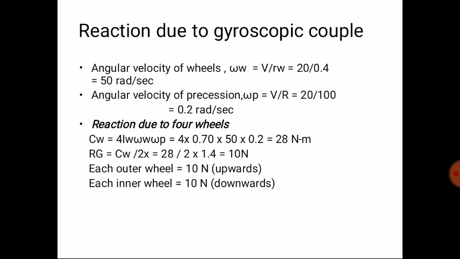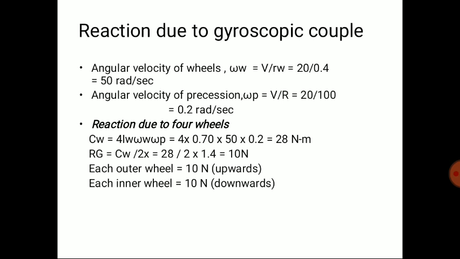And why are we writing C omega by 2? Because the gyroscopic couple reaction C omega corresponds to 4 wheels. Is it clear? So when we divide by 2, what are we getting?